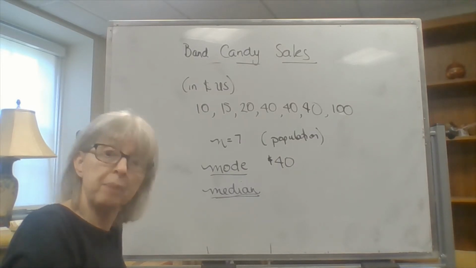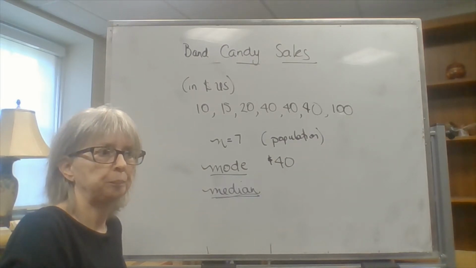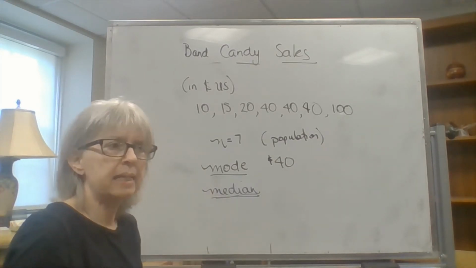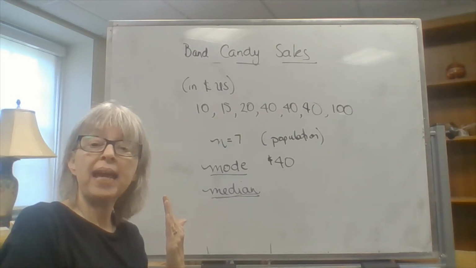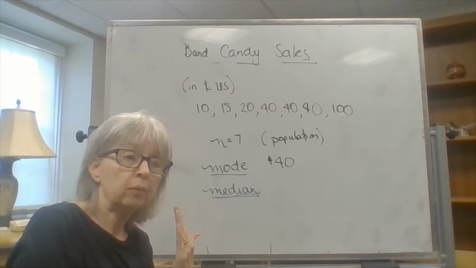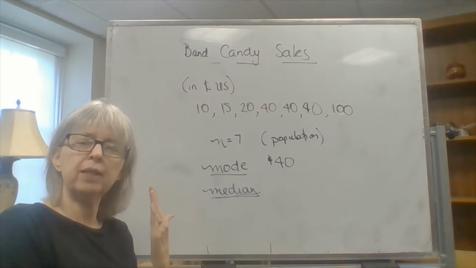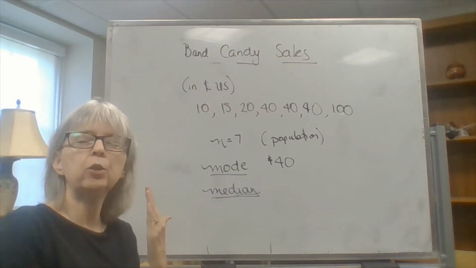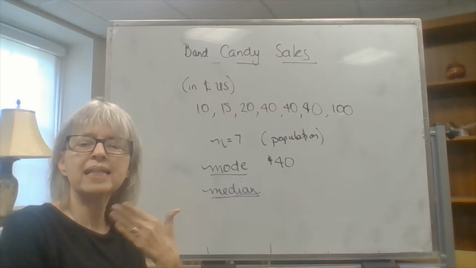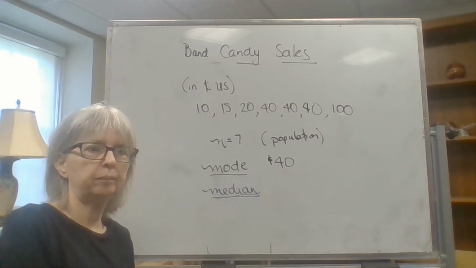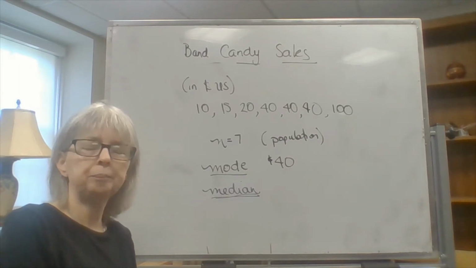One name that you might be really familiar with is 50th percentile. What that means is half the numbers are greater than or equal to the median, and half the numbers are less than or equal to the median. That's what we mean when we say 50th percentile. It's the center. It's the number in the middle.